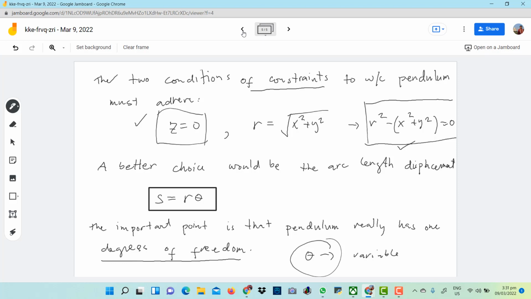Okay? So what is this? 1 degree of freedom only. And that 1 degree of freedom is just in terms of theta. The variable that changes in your system is only theta. So how do we calculate degrees of freedom?